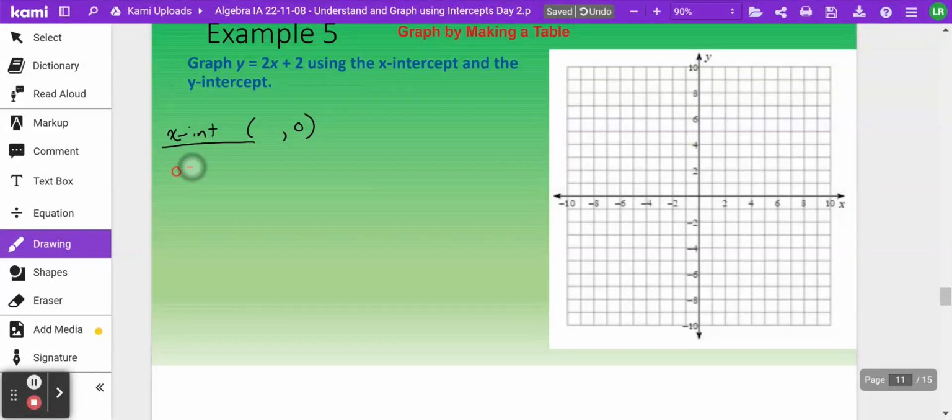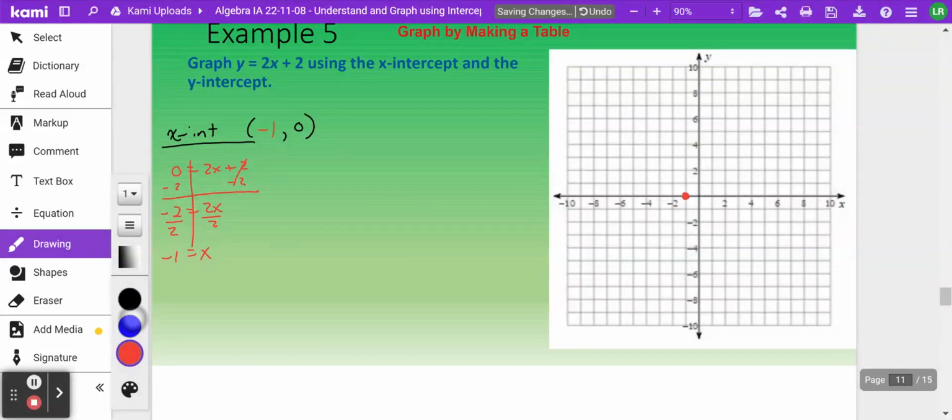So 0 equals 2x plus 2. We do have to solve that equation. Minus 2 on both sides. Finish him. And we get negative 1. Negative 1, 0. Make sure our x is on the x.